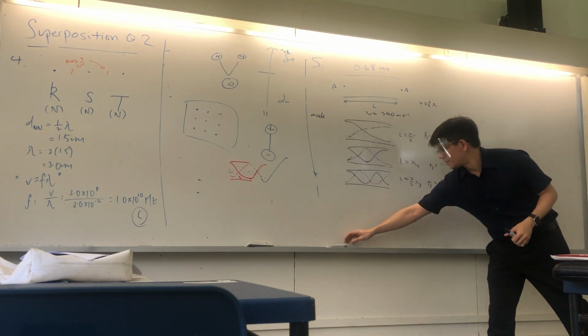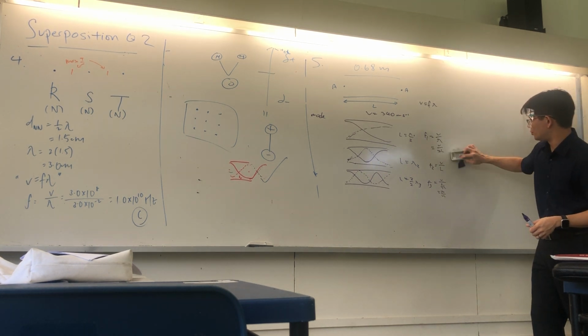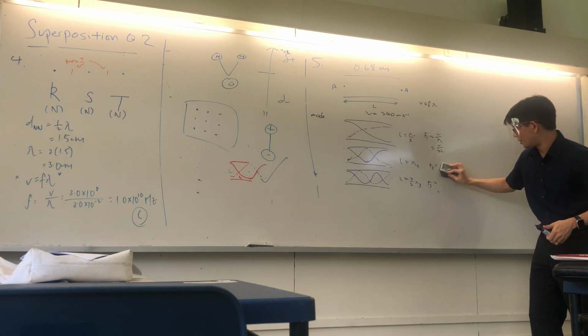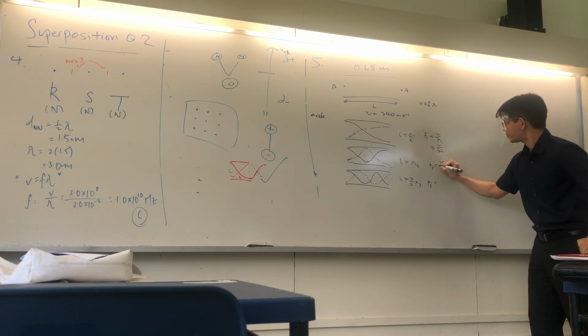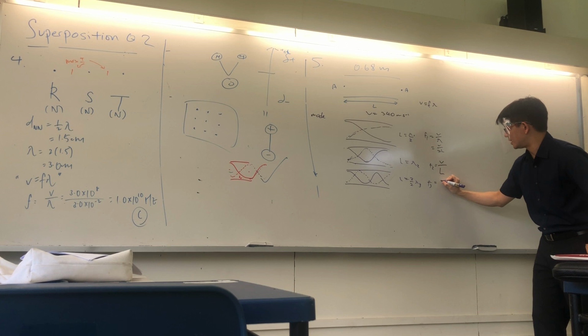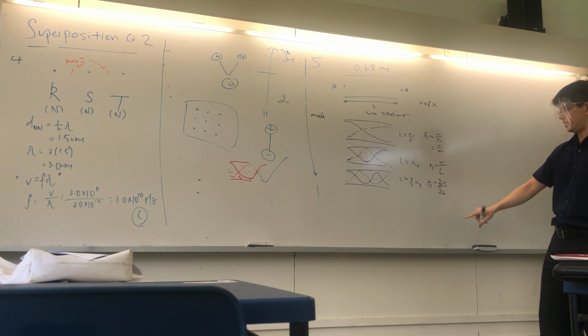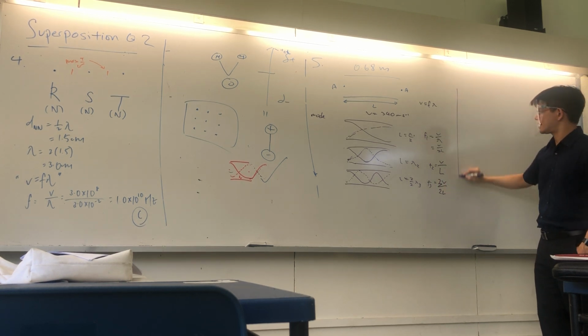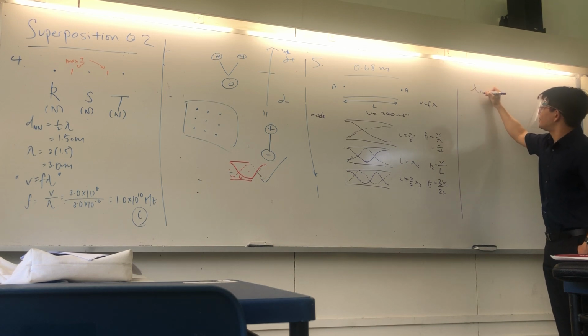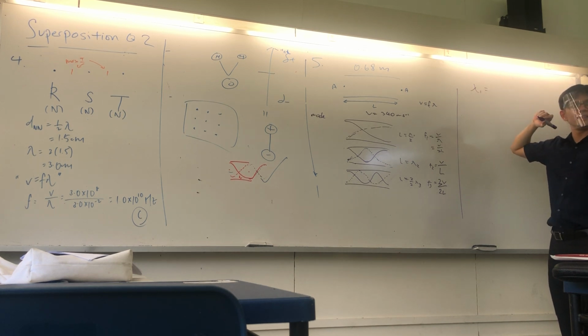Let me just tidy up to see how it's working. So this is v over 2L. This is v over L. Then this one is 3v over 2L. So actually you will see a pattern, right? The pattern is for the wavelength, it increases by half.